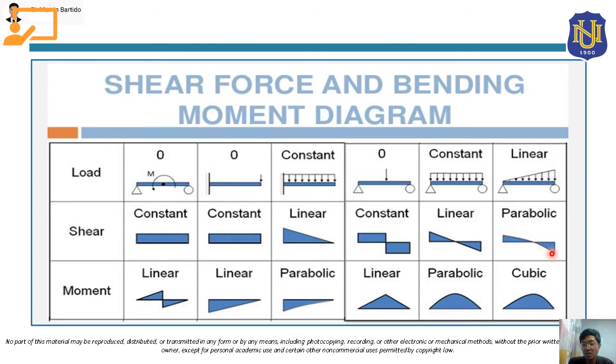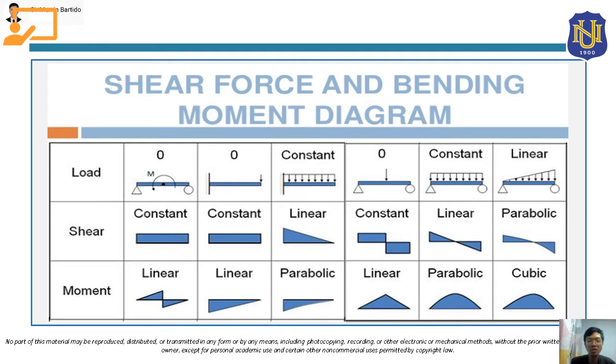This will be a second degree curve since the highest exponent of the function will be 2. And its moment will be cubic, already third degree, meaning the highest exponent in the equation for moment is 3.